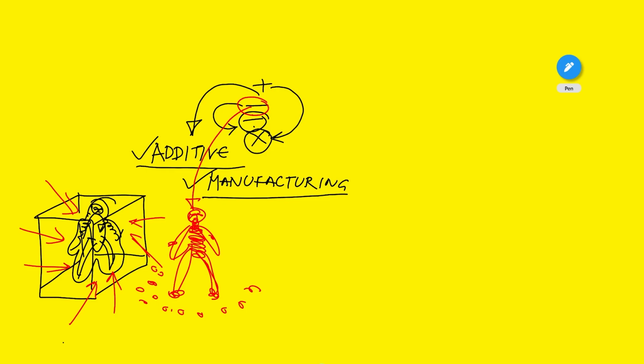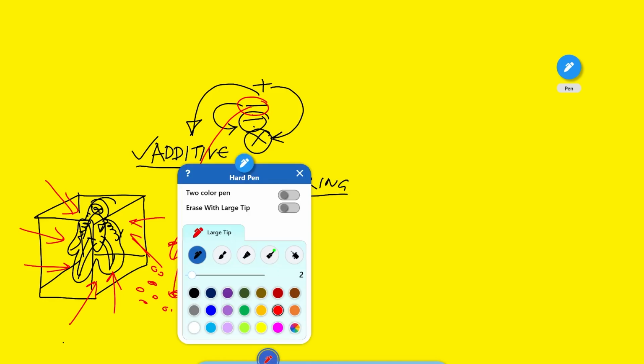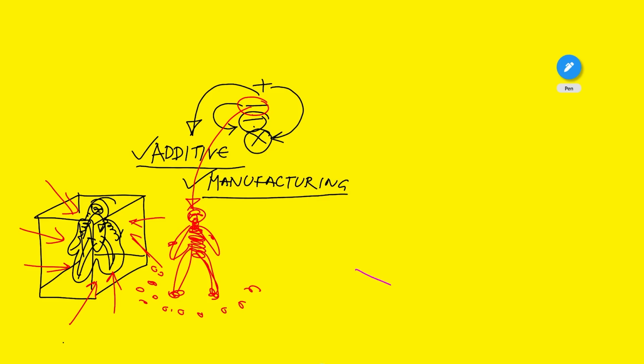When I do additive, I do not remove material. I add without wastage. So, let us look at how that is possible. I take a liquid bath, which is basically a polymer container with some kind of polymer. There are many ways of additive manufacturing. I'll come to that shortly. One of the simplest methods is solidifying polymers.